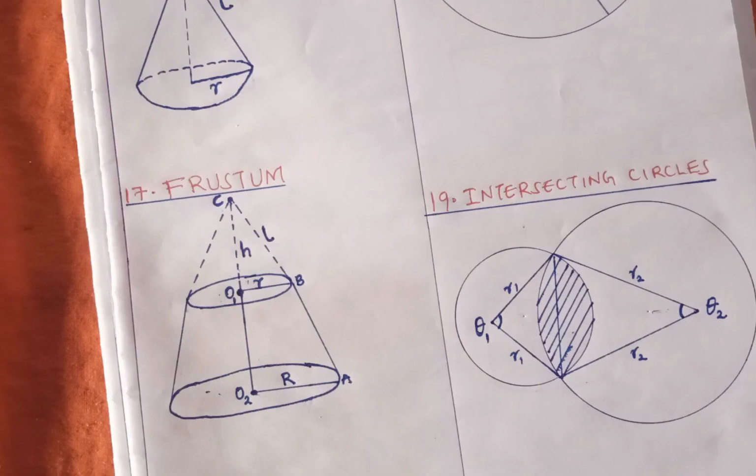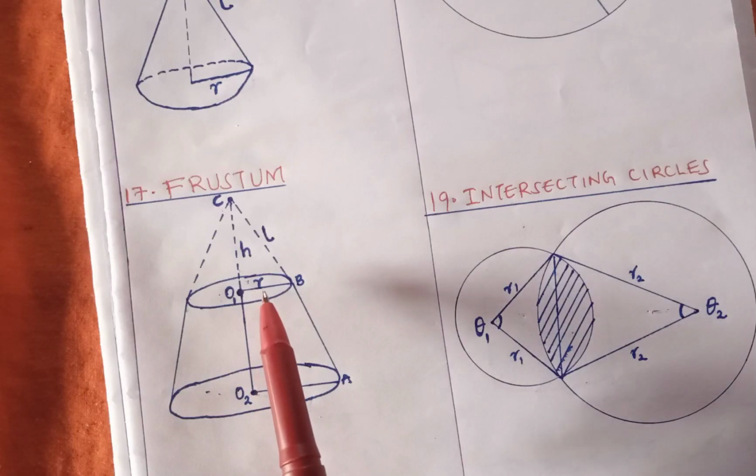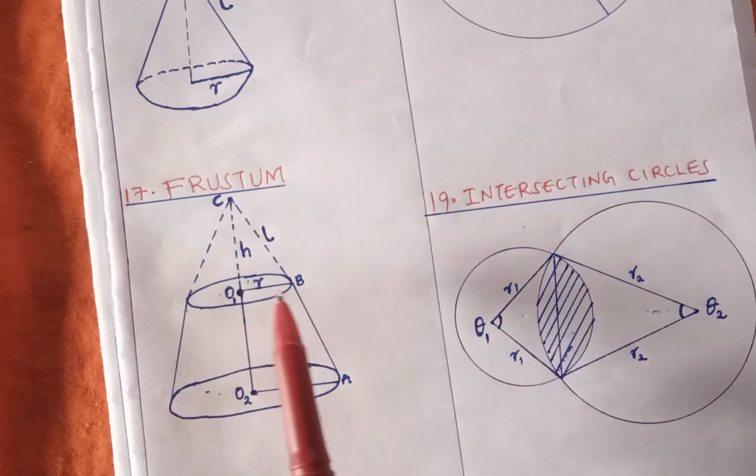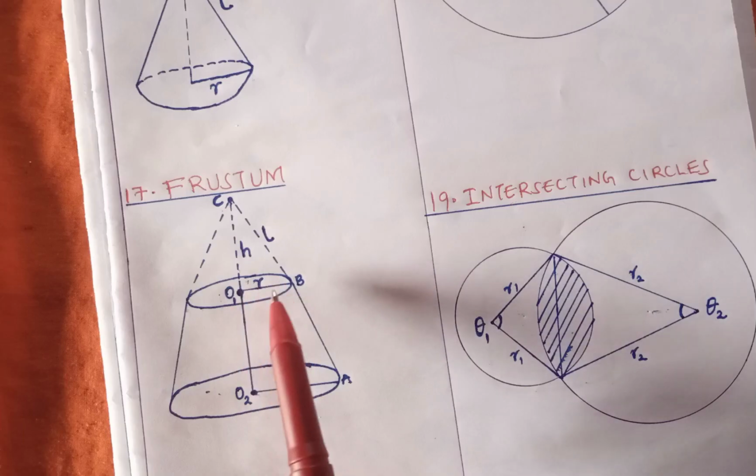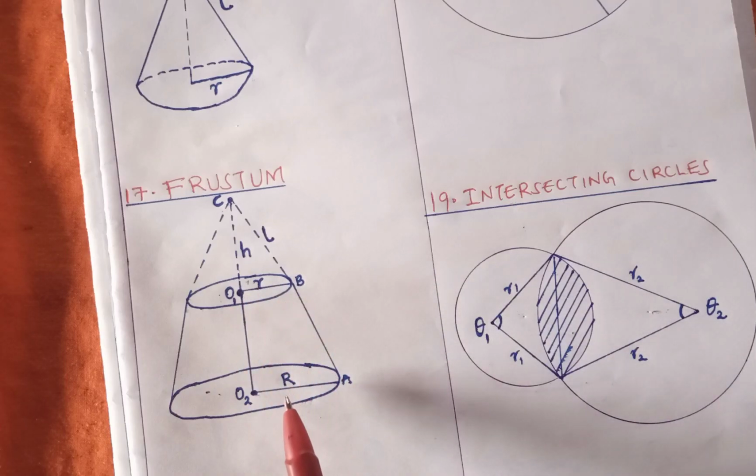And the small radius is represented by a small r. The small r simply means that it is the radius of the cone that was removed. So this one is small r for the radius of the small cone, and this one is capital R for the radius of the bigger cone.